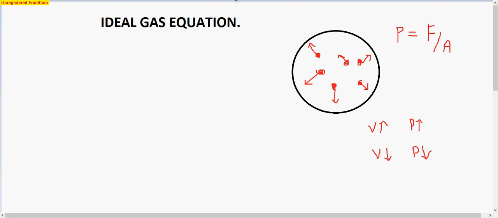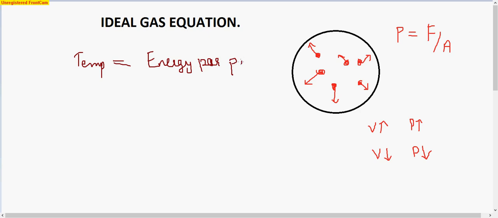Now you know what is temperature. What is the difference between the temperature and energy? Temperature is actually the average energy of particles. So it is actually the energy per particle.